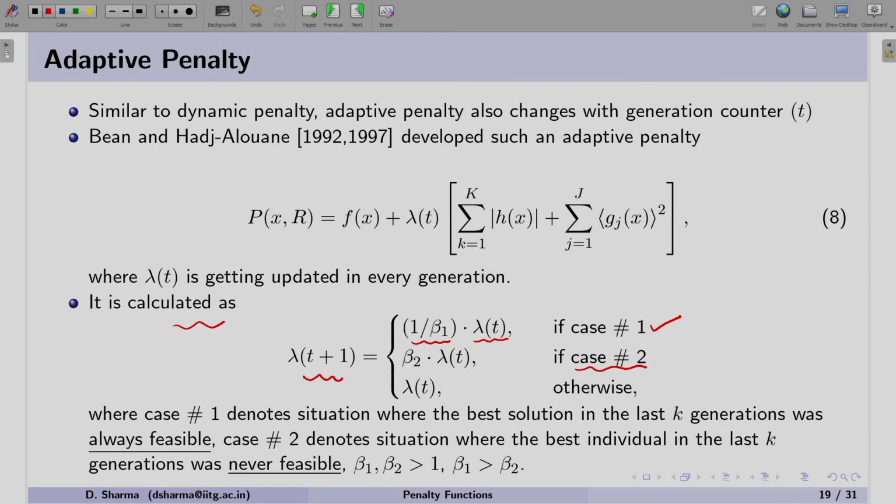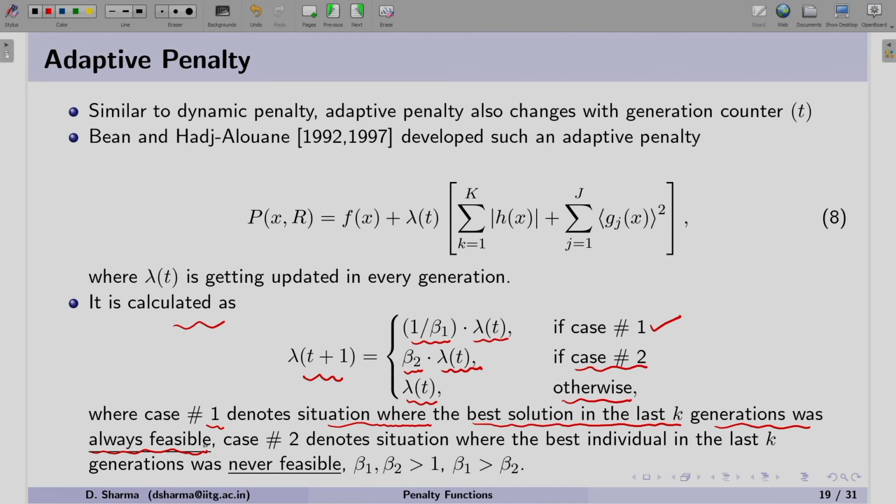In case 2, we have beta 2 multiplied by lambda, and if it is neither case 1 nor case 2, we keep the same value of lambda. So, let us understand what case 1 is. Case 1 denotes a situation where the best solution in the last k generations was always feasible.